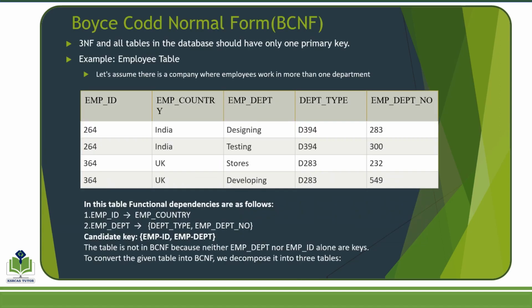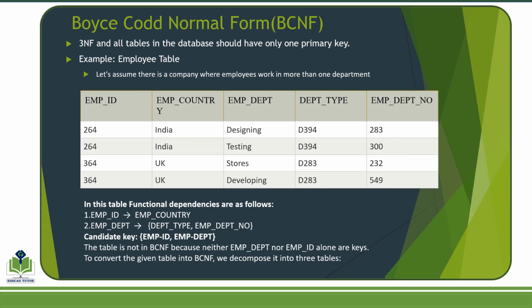that is Boyce-Codd normal form, which can also be represented as BCNF. In BCNF, the table should be in third normal form, and all tables in the database should have only one primary key, which means whatever the table may be, it should have only one primary key.